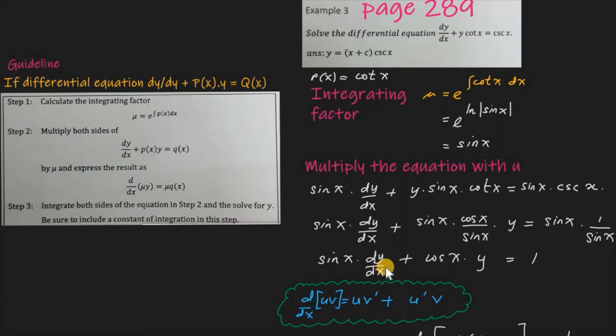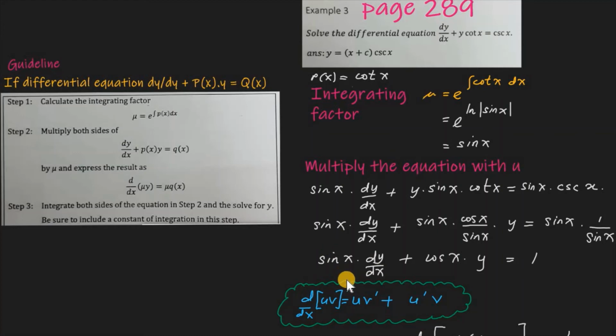As we rearrange and simplify, cotangent is actually cosine over sine. If I simplify, sine cancels off, I am left with cosine x y. On the right-hand side, cosecant is 1 over sine, so we get 1. And here, it looks like something familiar.